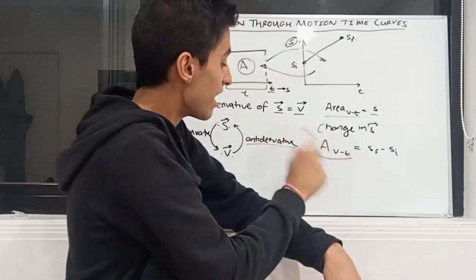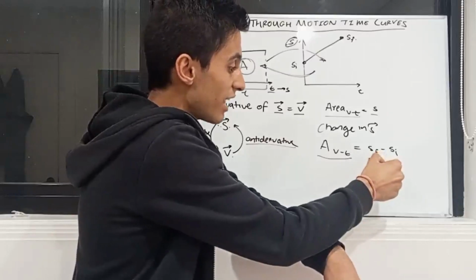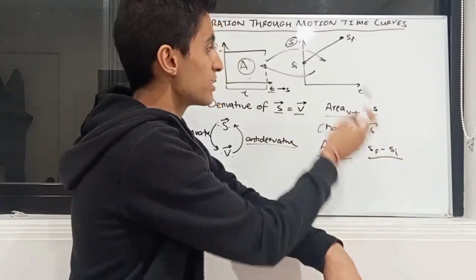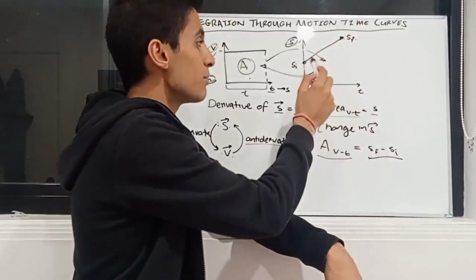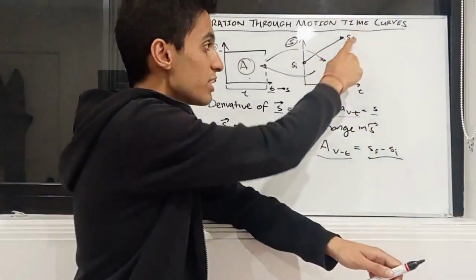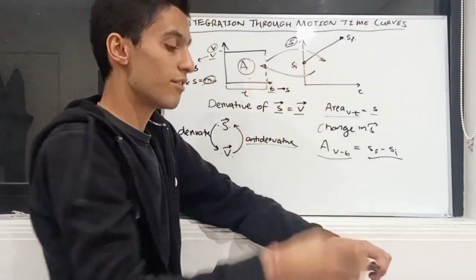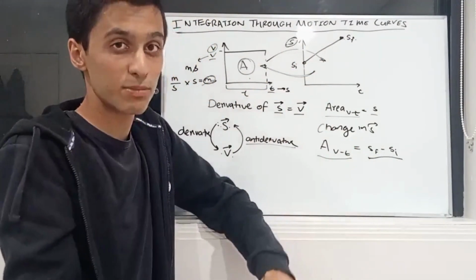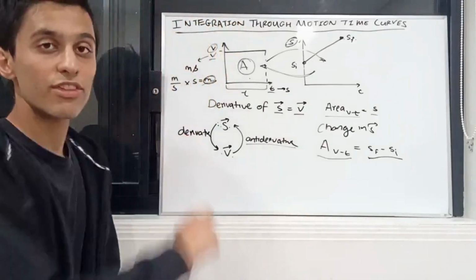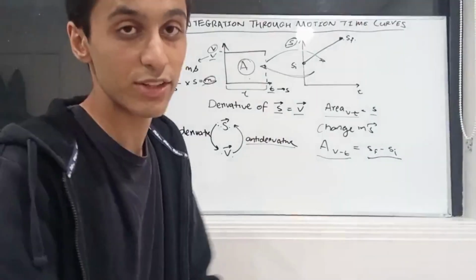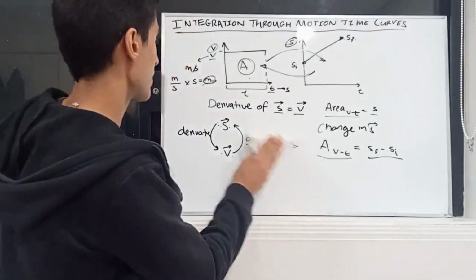One is finding the area underneath the velocity time curve, and the other is by subtracting initial displacement from final displacement. So these are the two ways you can figure out your change in displacement. So note this down, and then next I'll show you where integration comes in and how it works.